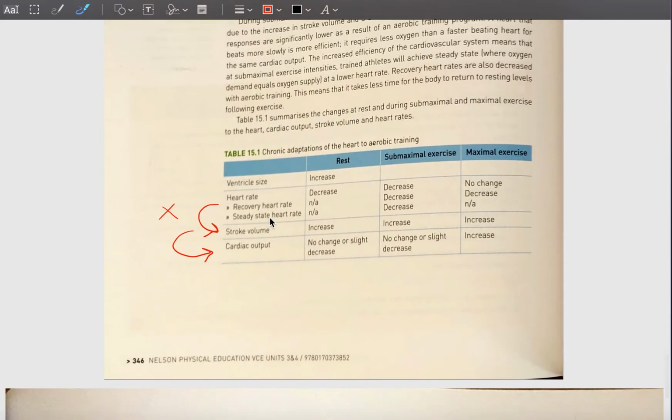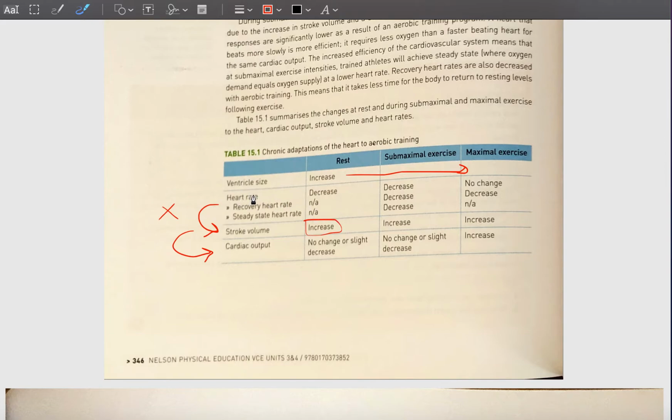So if we just now go down to this table here, knowing that heart rate times stroke volume equals cardiac output, and we just look at rest, because the ventricle size has increased, that means that the amount of blood to come out per beat will have increased. Also because it's filled with more, because there's a longer rest in the diastole and there's more contractility on all of those aspects.